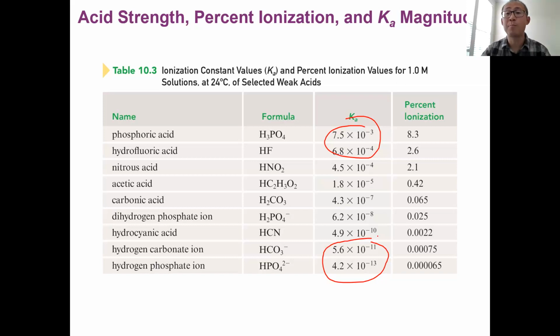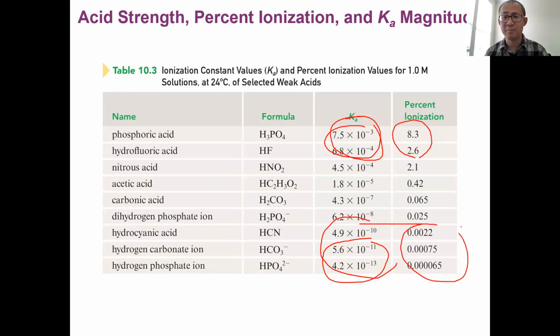You can also see the percent of ionization. A higher percent means more ionization, so the acid is stronger. These acids are relatively stronger, so the percent of ionization is not bad: 10%, 8%, 2%. Still some percent. But for these weak acids, the percent is less than 1%, much less than 1%. That means the acid barely ionized. It's like 1 per 1,000, 1 per 10,000, in that range.